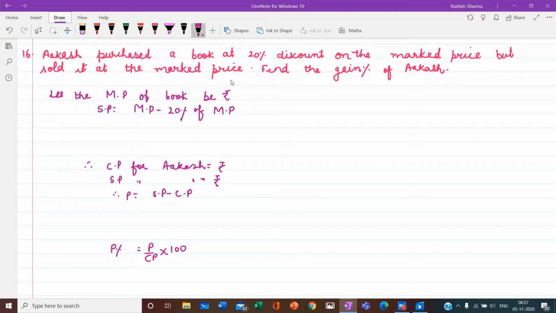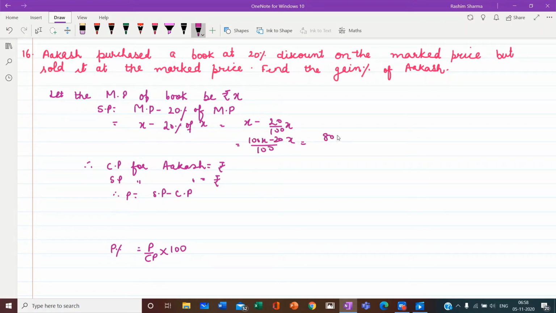Okay, so if we take the mark price of the book to be rupees X, then what is the selling price of that shopkeeper? That is mark price, that is X minus 20% of mark price, 20% of X. So when we calculate, we get minus 20 upon 100x. 100 is the LCM. So 100x minus 20x.